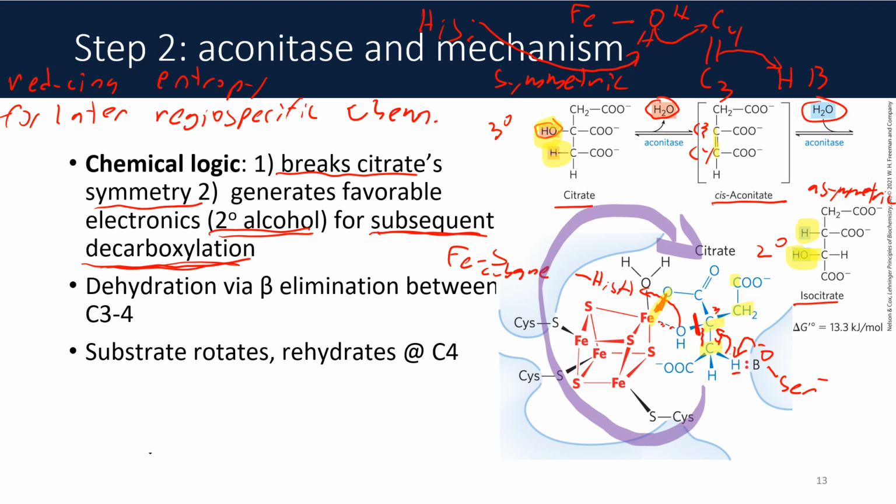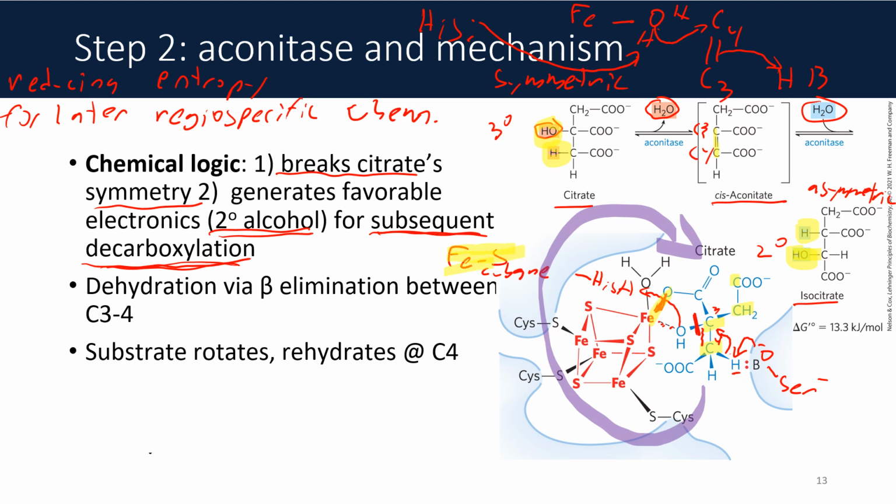So I hope you agree that the mechanism isn't terribly difficult to understand, it's just hard to draw on a crammed 2D plane. Now, there's something else important that I want you to know about aconitase. It's one of several moonlighting proteins in biology, and a moonlighting protein is a protein that has more than one role. Yes, aconitase's job is to be the second step of the citric acid cycle, but this iron-sulfur cofactor is very, very special.